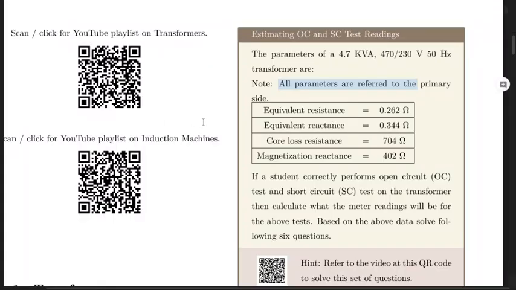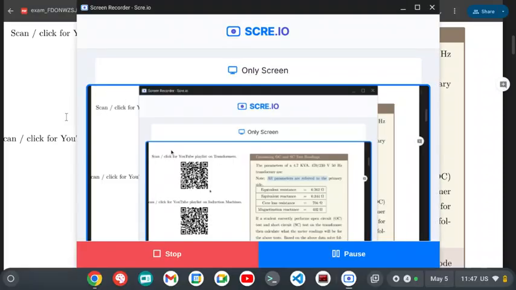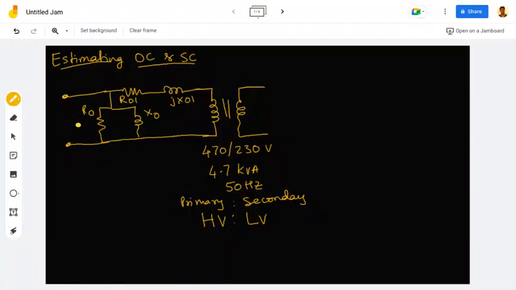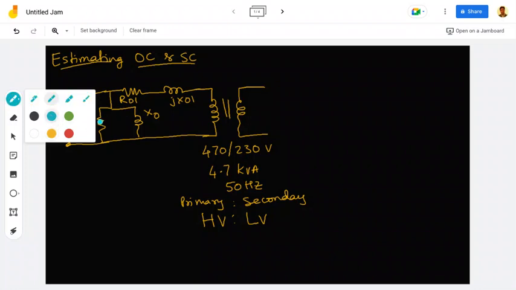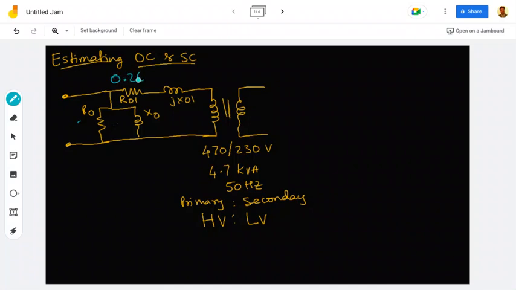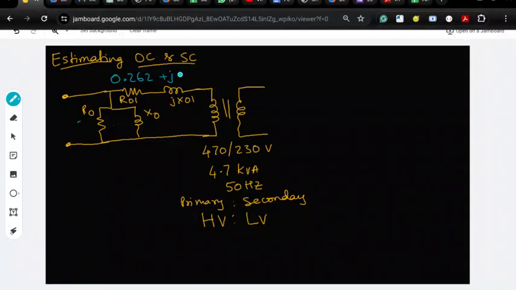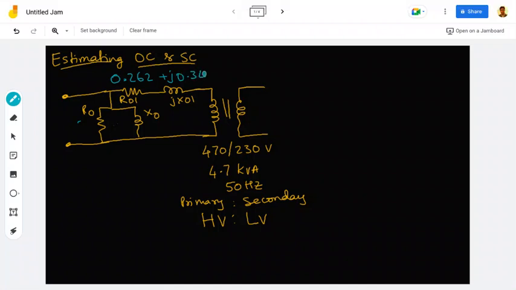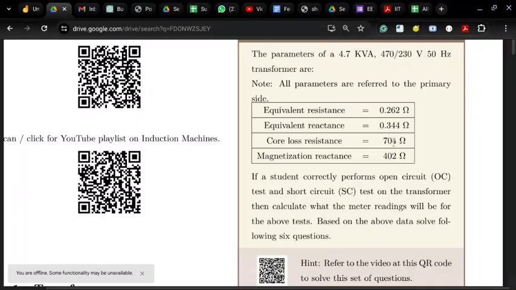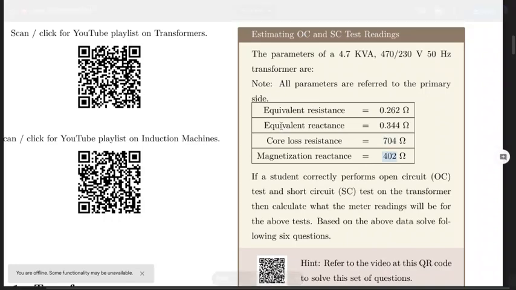So the values 0.262, 0.344. Let me change the color for the values. So 0.262 plus j0.344. And coming to R naught value, 704 and 402.